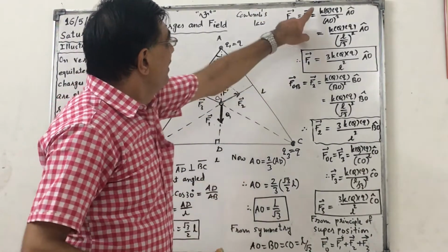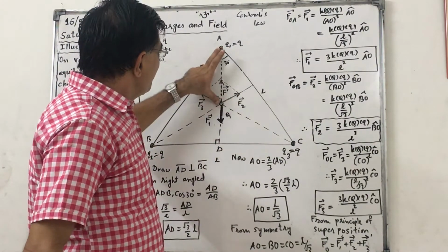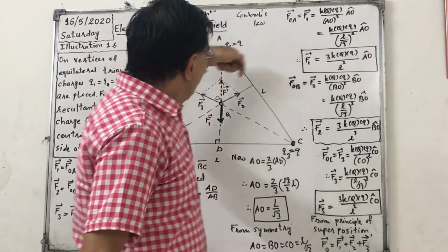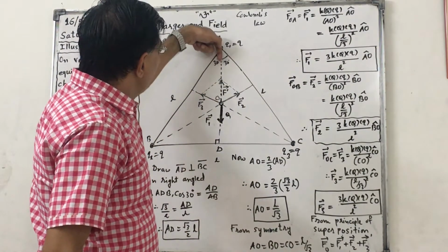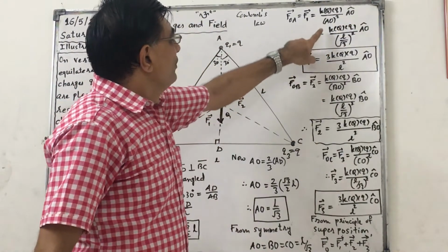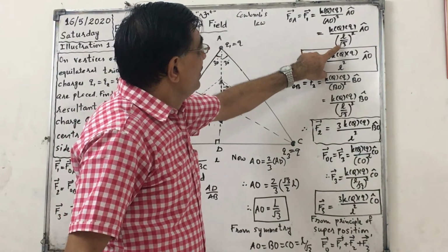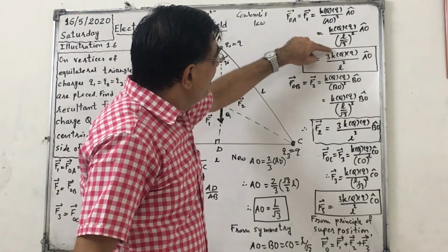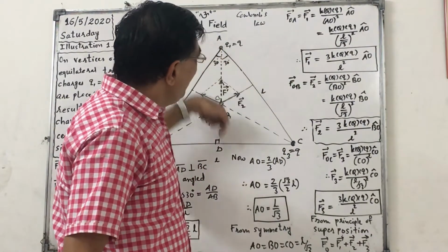So here K capital Q into small q upon this distance square, that is AO square, and the direction is along AO. So I have to use AO cap. Putting the value of AO, that is l by root 3, root 3 square will be 3. So 3 K Q q upon l square, direction is AO cap.